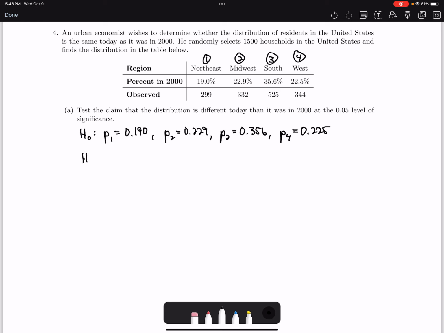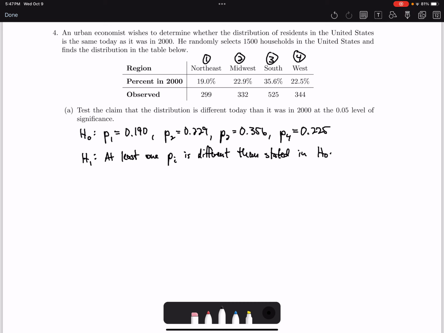The alternative is that at least one proportion is different than stated in the null hypothesis.